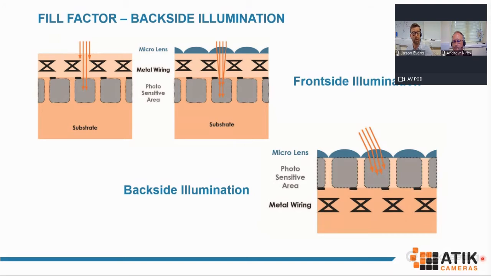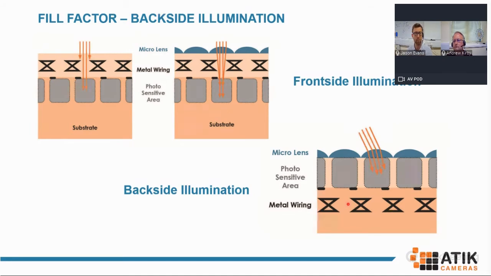Whilst we've got these images on screen as well, it's worth going back a bit onto the fill factor and talking about full well depth. Now, full well depth refers to how many electrons a pixel can hold before filling up or overflowing, let's say. If we view each of these pixels, so the photosensitive area, as a bucket, it can only contain a certain amount of electrons before it would start to overflow.